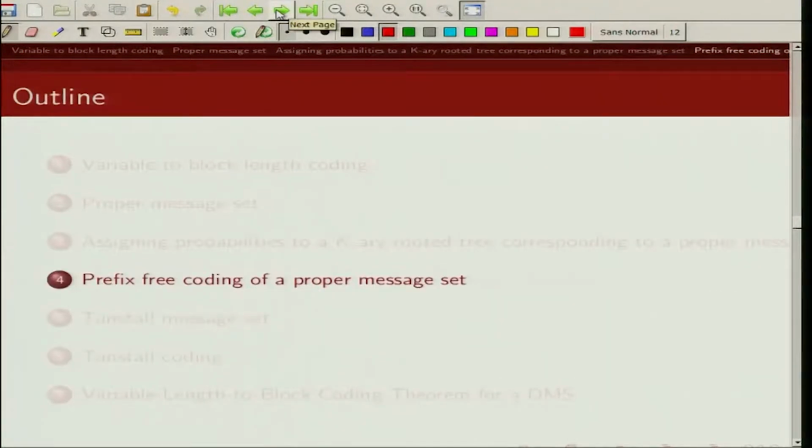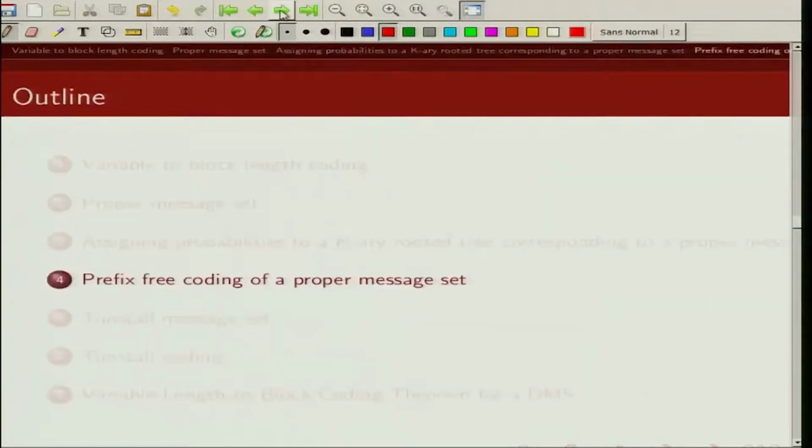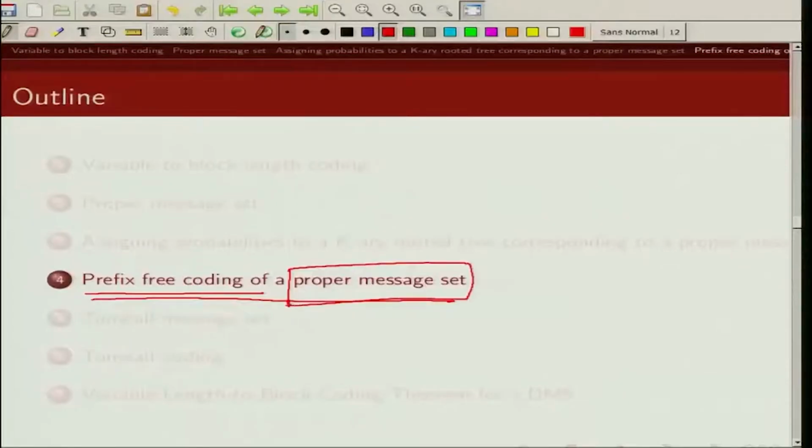Now we have talked about the relation between the entropy of the parsed message and the uncertainty associated with the source letter. Let's take a small diversion and find out how we can do a prefix free coding of a proper message set. If we do a prefix free coding of a proper message set, that would make it a variable to variable length coding. Why? Because a proper message set takes variable length input and gives a fixed length output, and a prefix free coding takes a fixed length code and gives a variable length output.